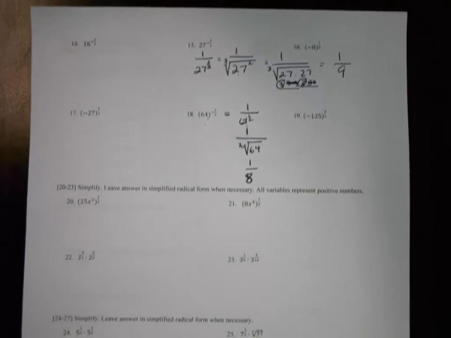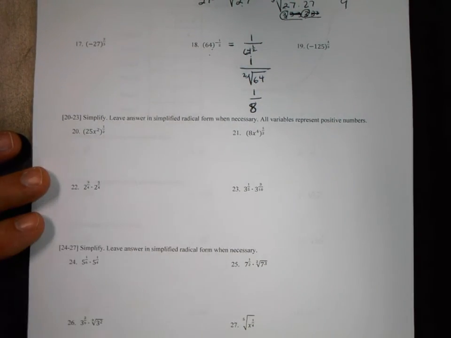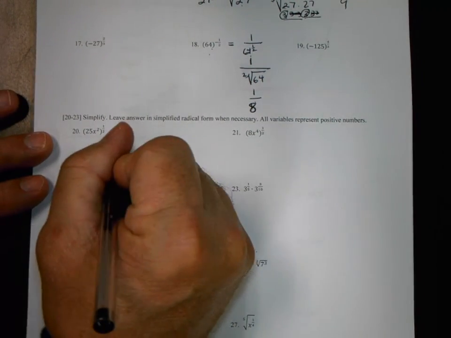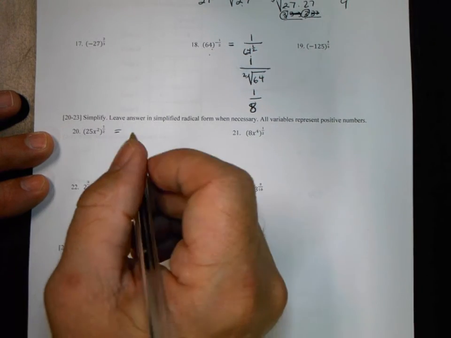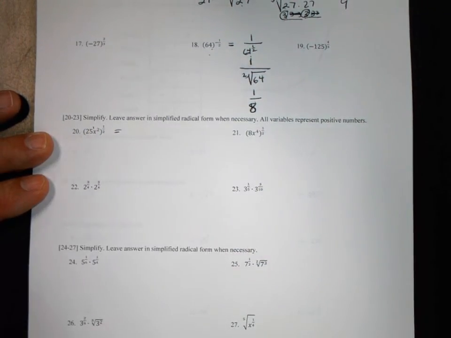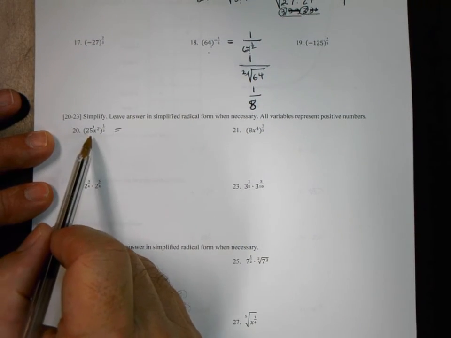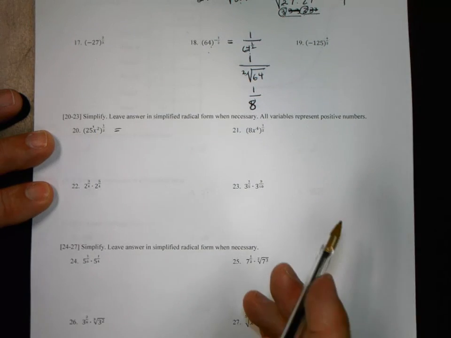And moving on, we're almost done, guys. What about raising a power to a power? Well, we already talked about this. When you raise a power to a power, you simply multiply. So we have 25 x squared raised to the 1/2.